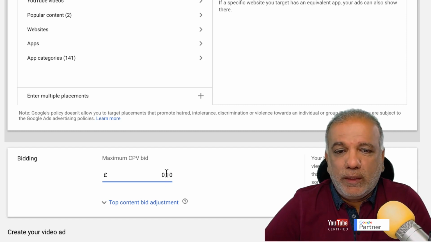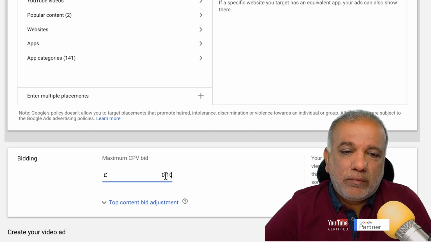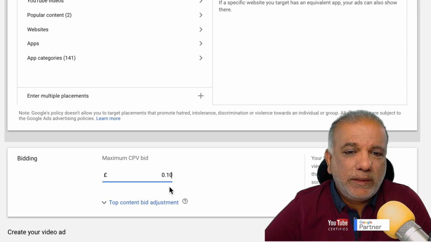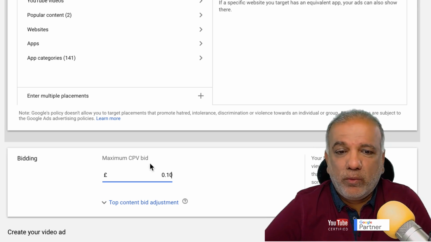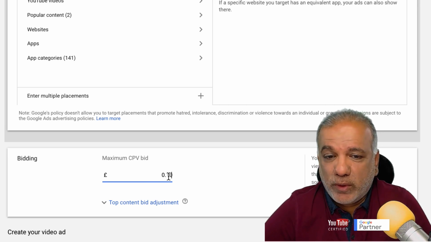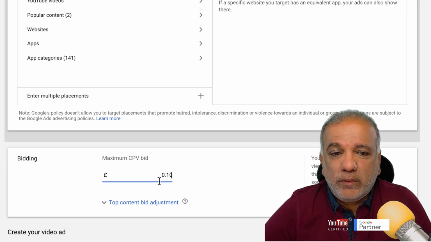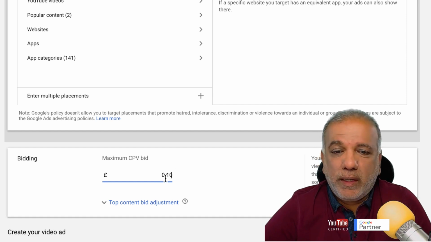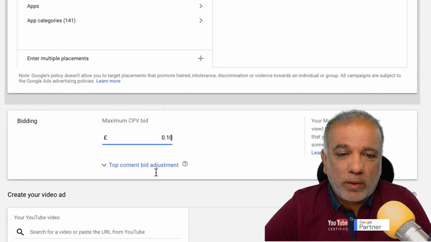So you will find that in countries in Africa or some countries in Asia, you can get very low cost per view of as low as 2 cents or 3 cents as well. So you start your campaign, see what's happening, and then adjust the bids accordingly.